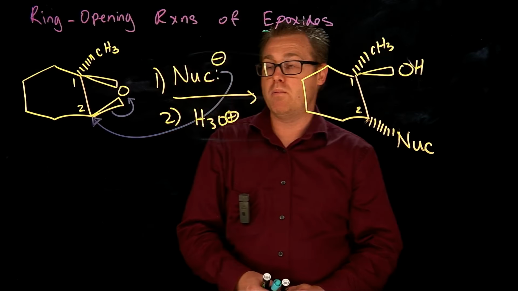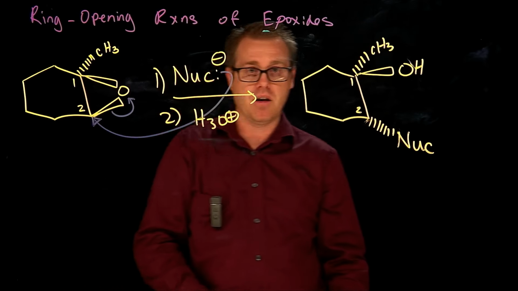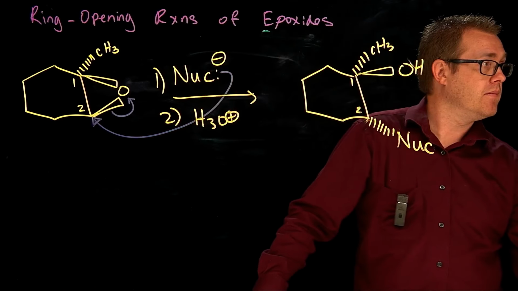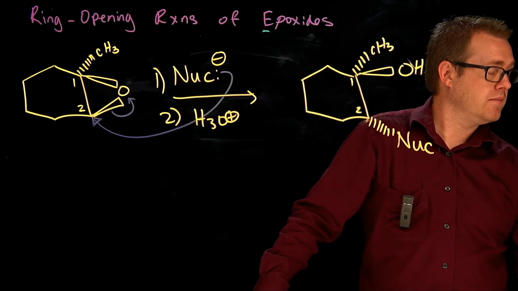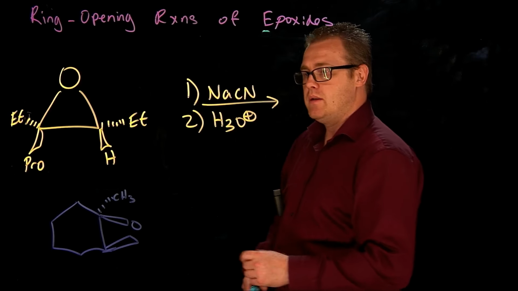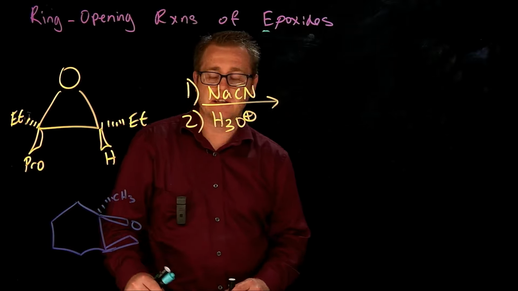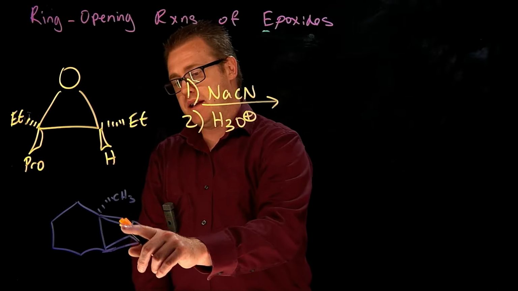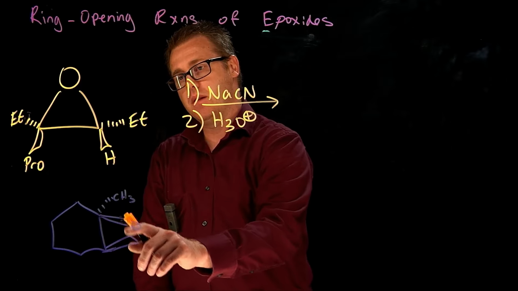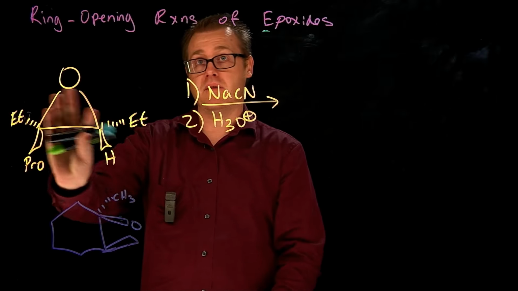So let's do another problem about this concept and kind of wrap it all together. Now let's compare this molecule that we just looked at. Do you see now in this representation, the epoxide is wedges right here? But in this representation, the epoxide is in the plane of the glass.